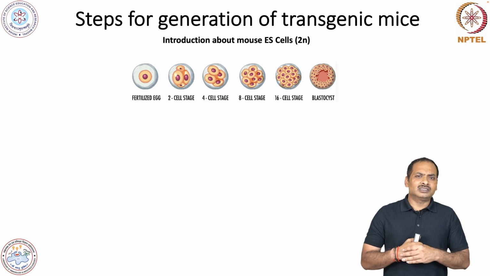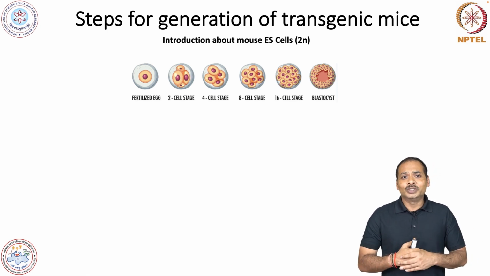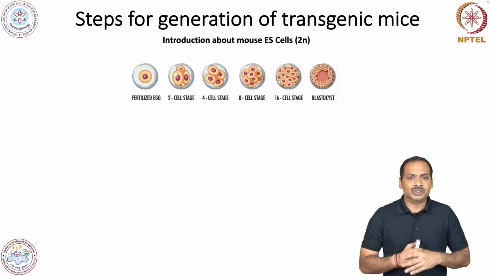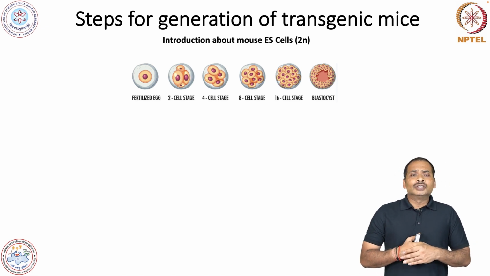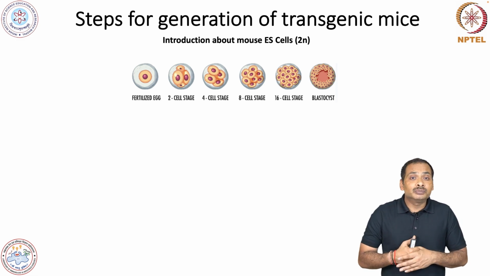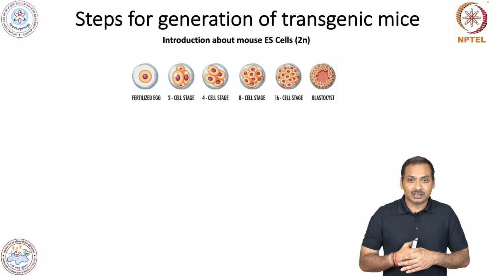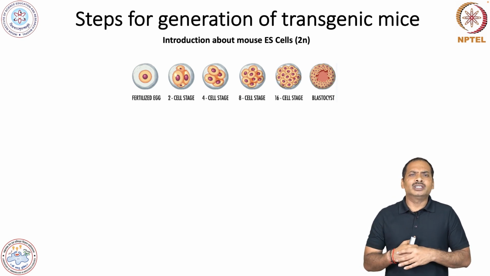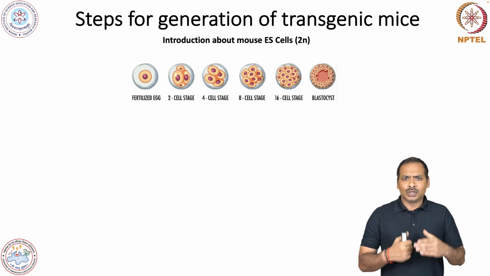I am going to explain a few of those very common and essential steps. Although I am not going to explain deep experiments, I will give you the concept. For growing embryonic stem cells, you need a bed of mouse embryonic fibroblasts, in short MEFs.